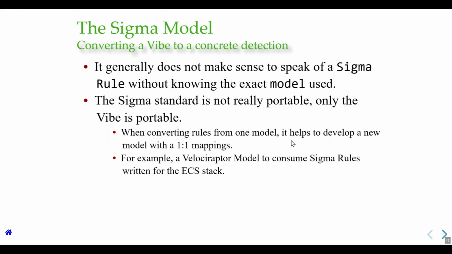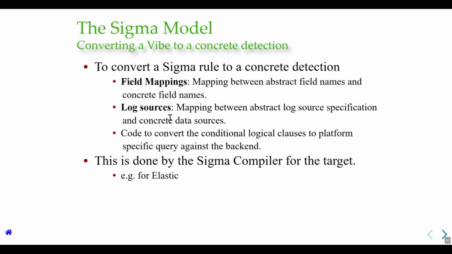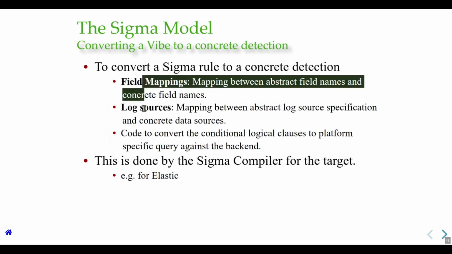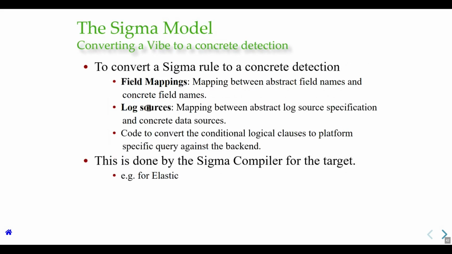Now in Velociraptor we don't actually have a compiler, right? So we use Sigma directly, and we call it a model in Velociraptor. A model is just a combination of field mapping and log sources.